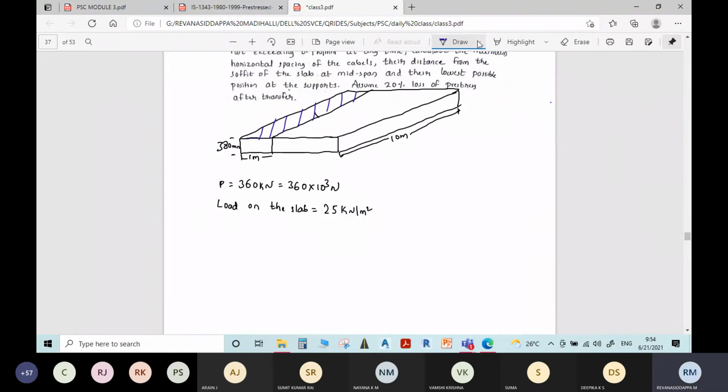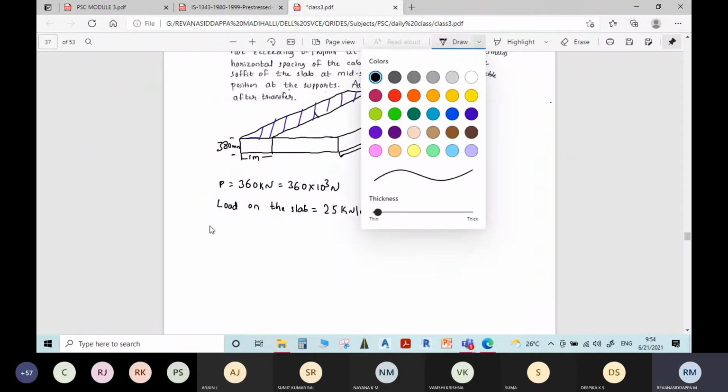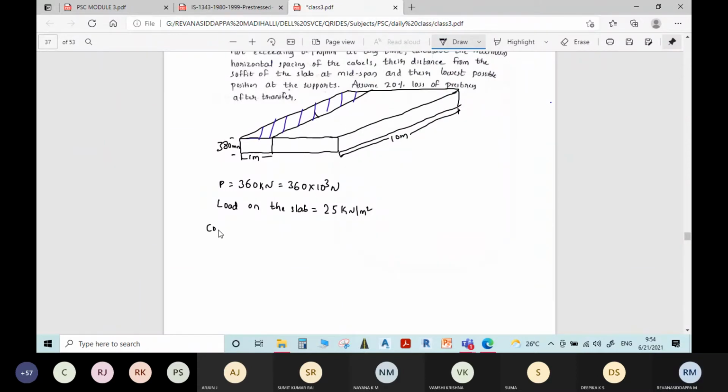Below you write, considering 1 meter width of slab, means 1000 mm, right? You never solved a problem on PSC slab. This is the first problem you are solving.